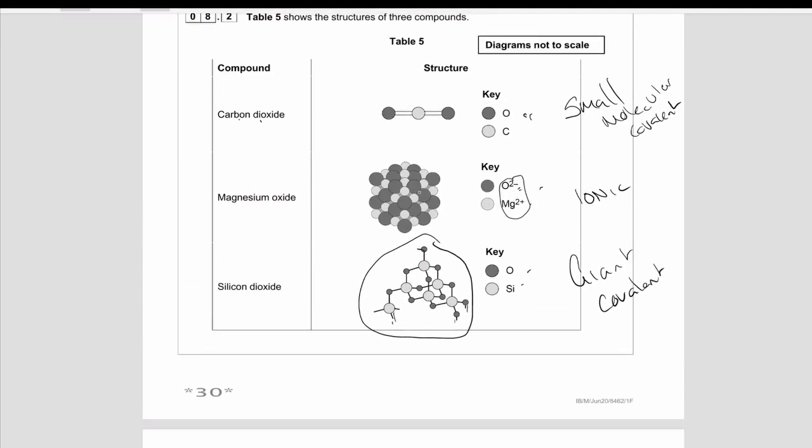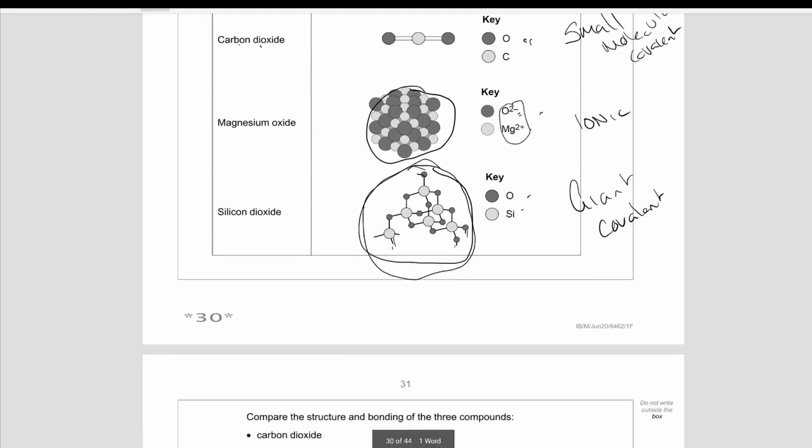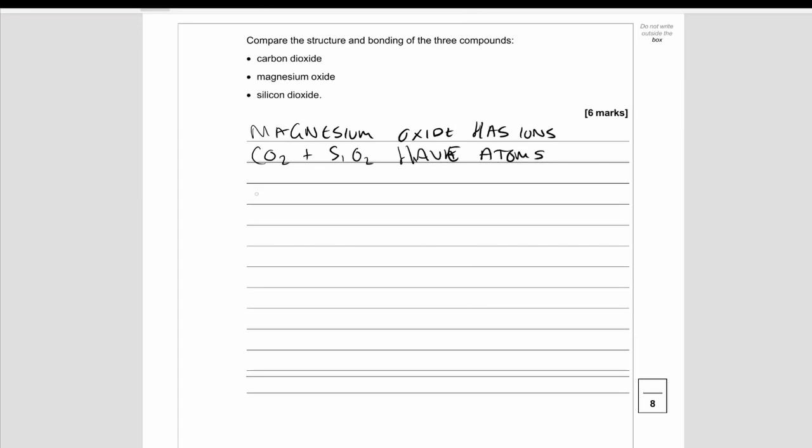If we look at magnesium oxide, we can see the lattice structure that it contains. Now we know lattice structures are giant structures. We know silicon dioxide makes a giant covalent substance. Both of these are giant structures, whereas carbon dioxide is only small molecules.